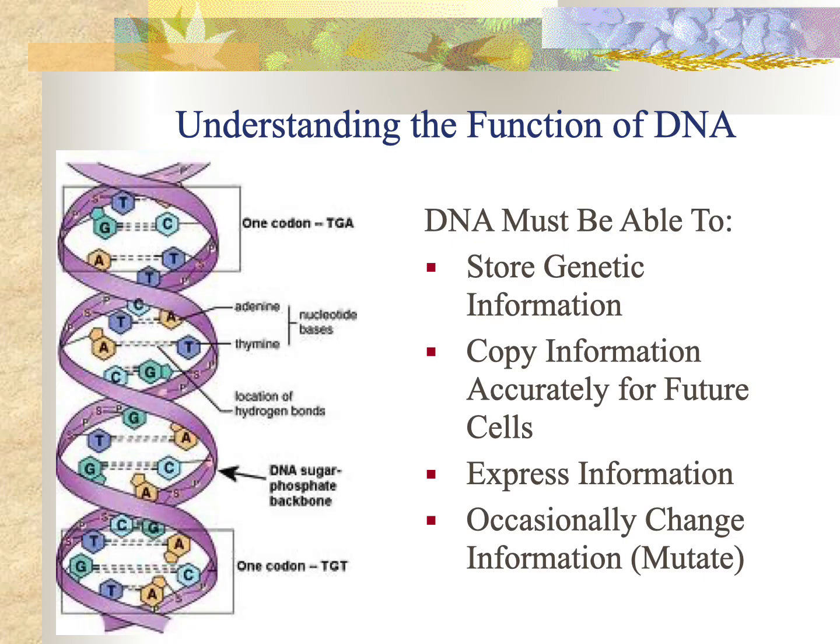That was because DNA had to be able to store information, be able to be copied very accurately for future cells. It had to be able to be used to express the traits, but it had to occasionally change the information and mutate. And so once we knew the structure of DNA, we knew that it can do all these things.